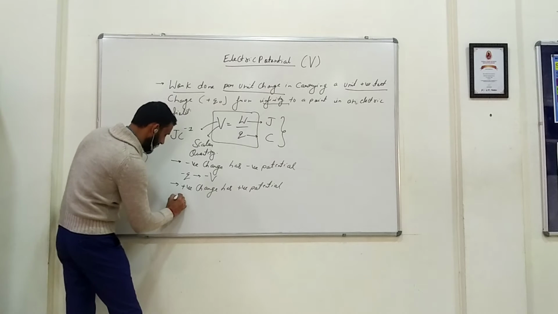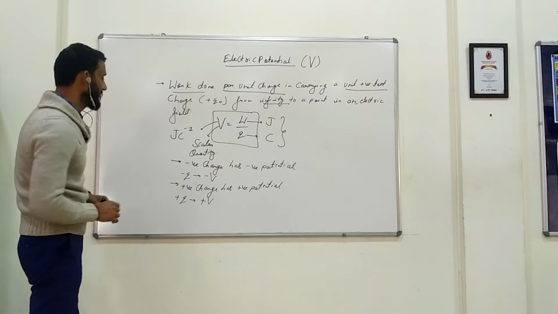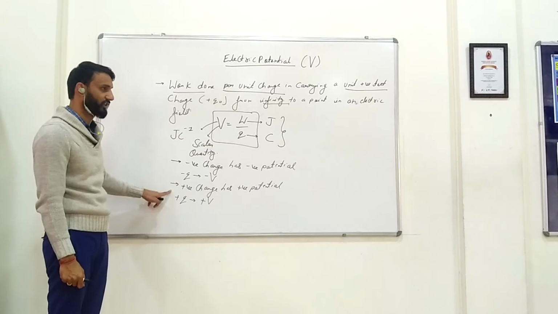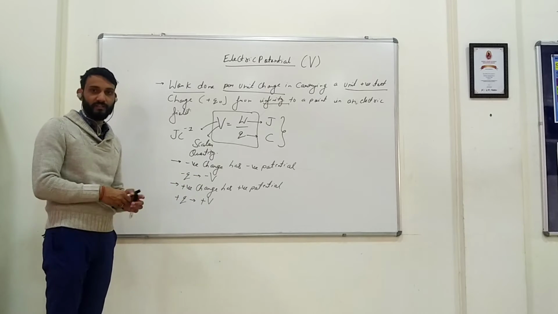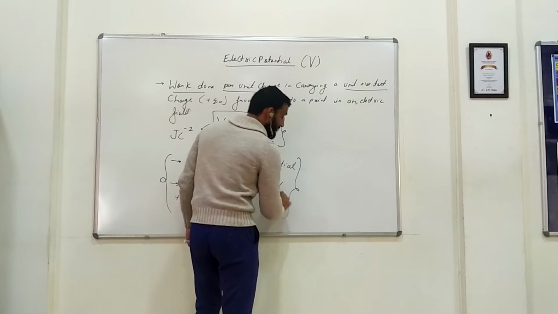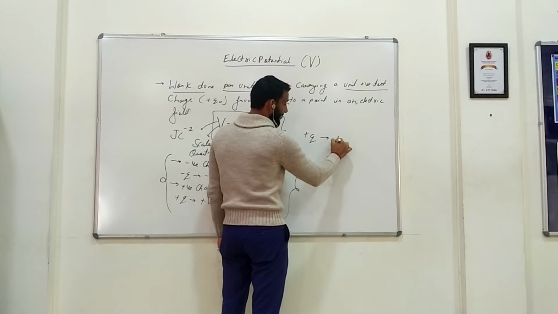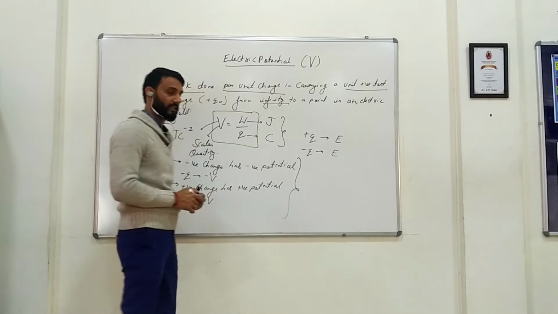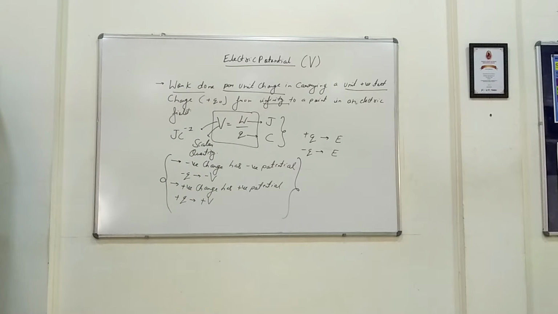If I have a positive q, then the potential will be plus V. This is a very important thing to keep in mind while calculating electric potential: negative charge has a negative potential and positive charge has a positive potential. That was not the case for electric field. If you have a positive charge, the electric field is E. If you have a negative charge, the electric field will also be E, right? This is what we need to pay attention to.